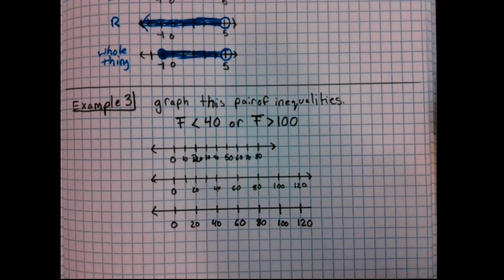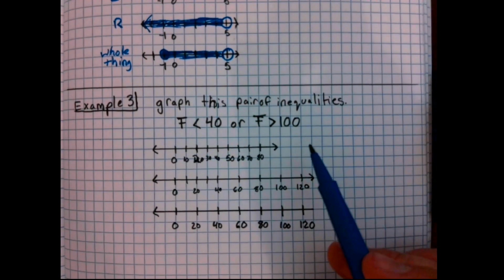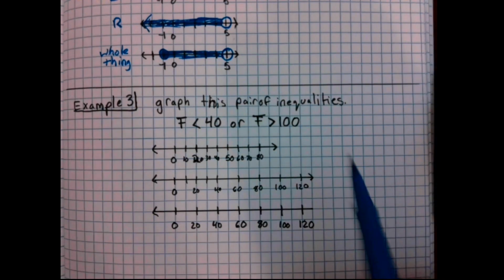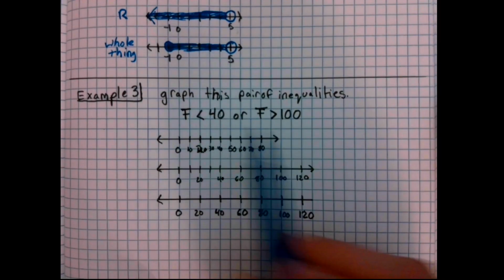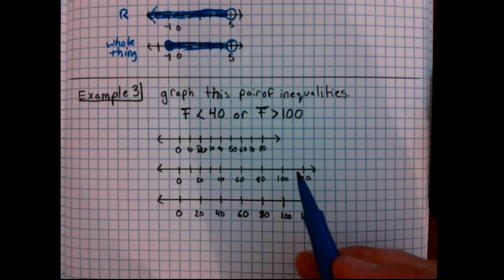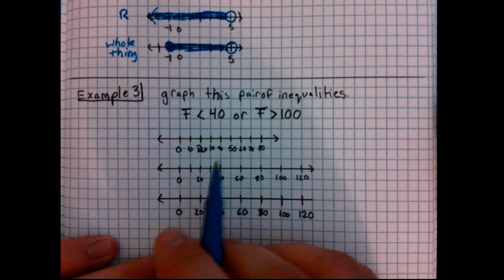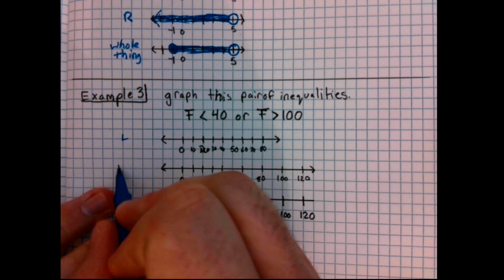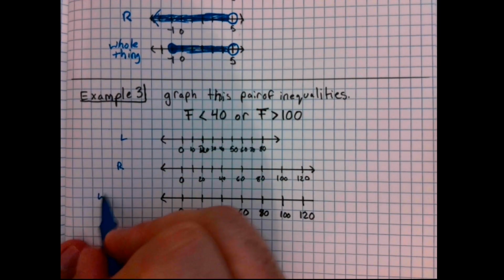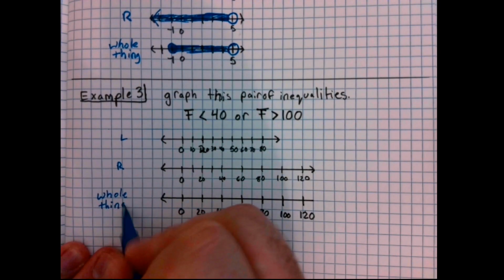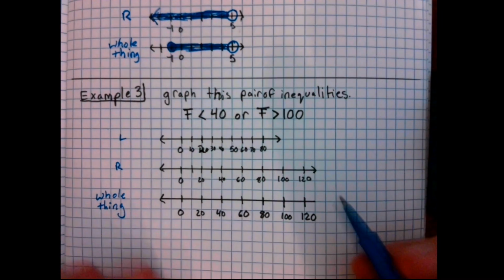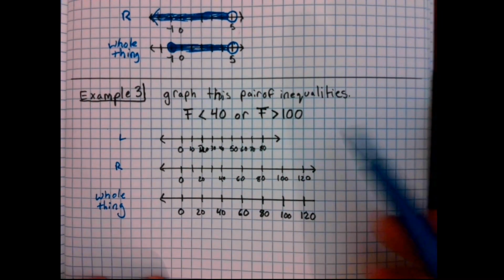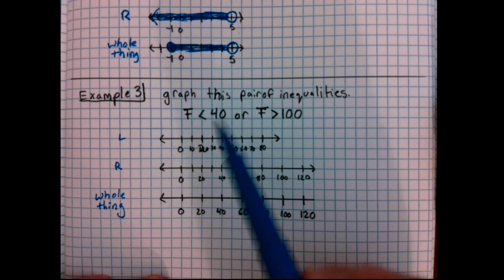Now, moving on to example 3. Graph this pair of inequalities. Now, this says t is less than 40 or t is greater than 100. So, I'm going to do the same thing I did up here, where we have our left one, our right one, and the whole thing. The left-hand inequality is t is less than 40.